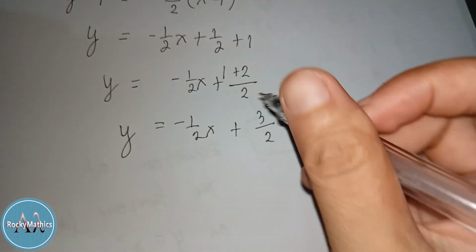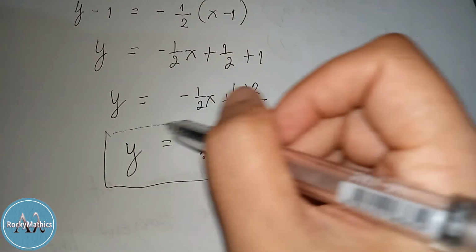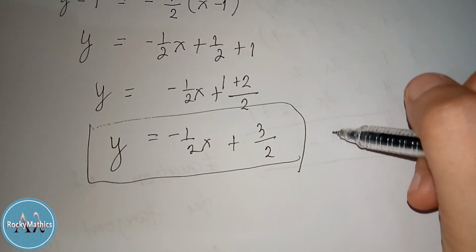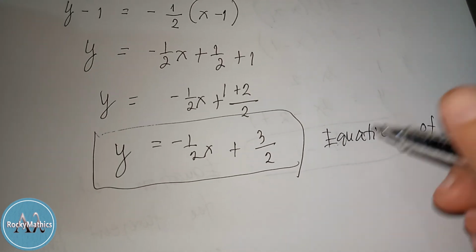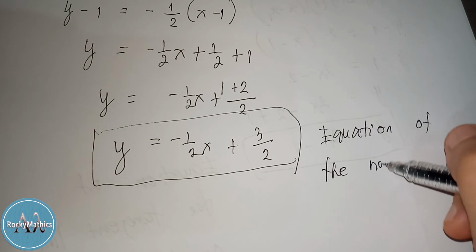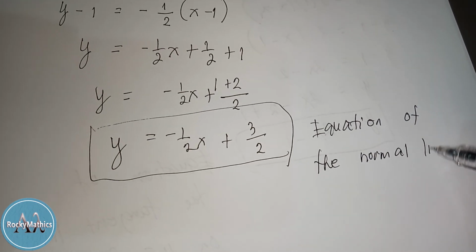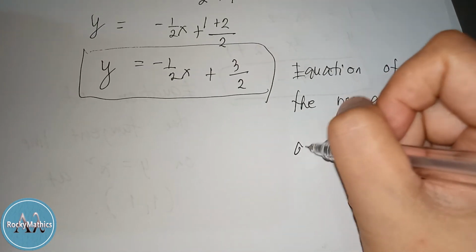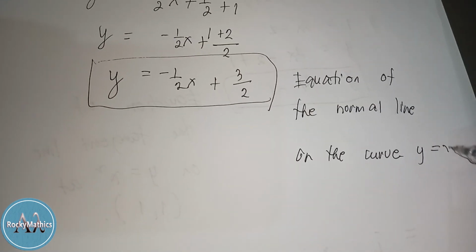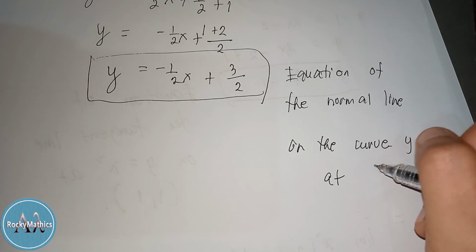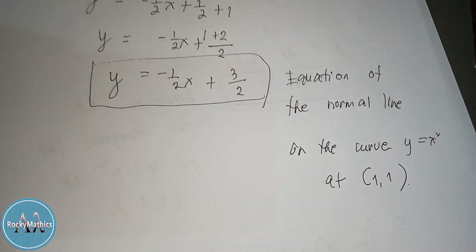So this is the equation of the normal line on the curve y is equal to x squared at the point (1, 1).